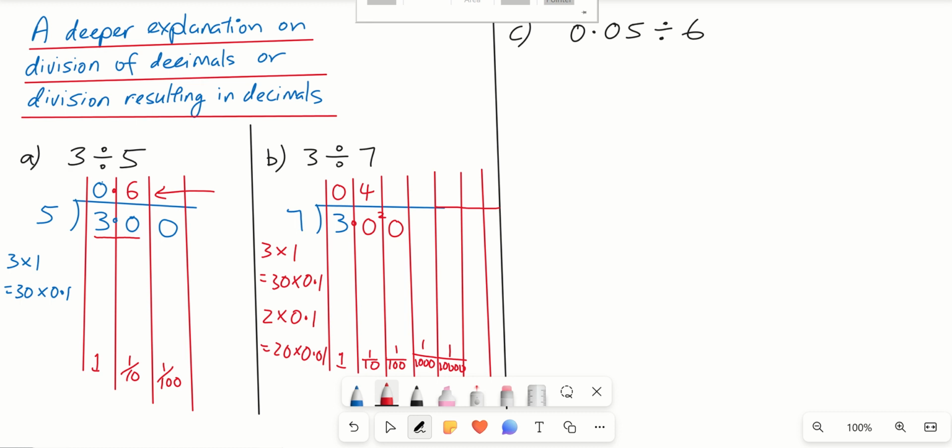So we ask ourselves now, how many 7s go into 20? Or if we divide 20 units of 1 out of 100 by 7, we'll end up with 2. All right, 2 7s gives me 14. So 20 minus 14 is 6. So I have a remainder of 6, which is then combined with the 0 in the next place value column to form 60 units of 1 out of 1,000.